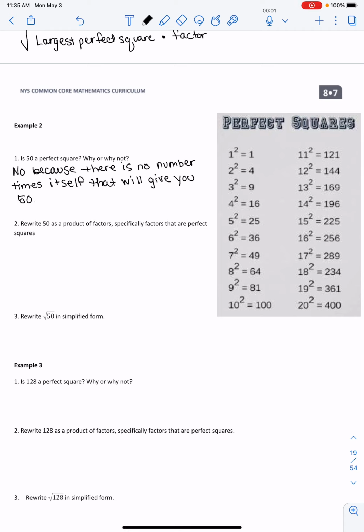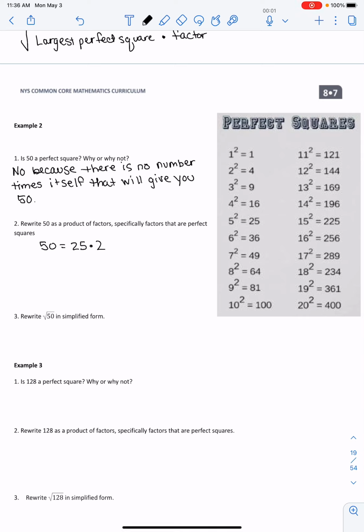It says rewrite 50 as a product of factors, especially factors that are perfect squares. Well, in this case, 50 would equal 25 times 2.